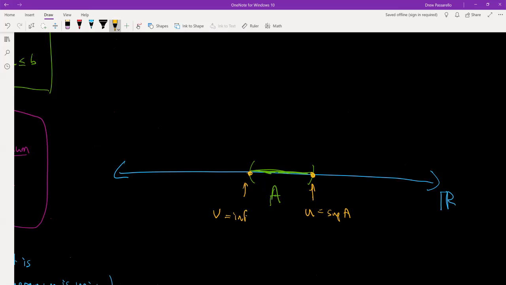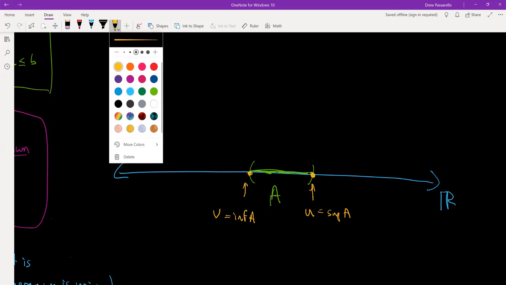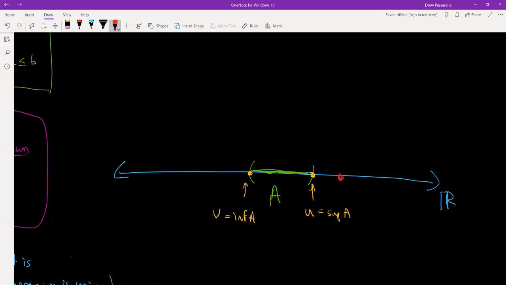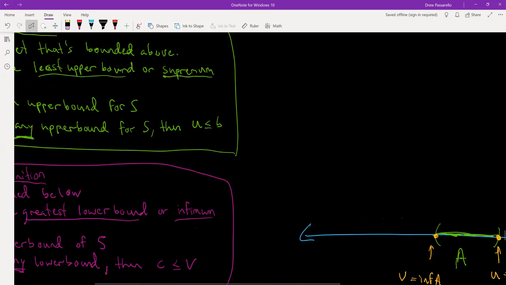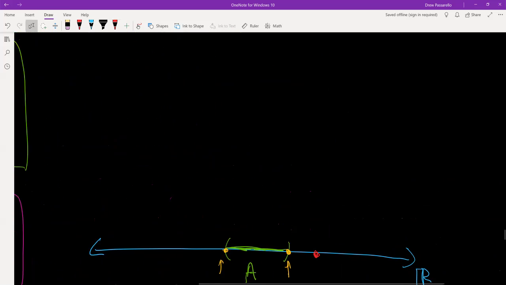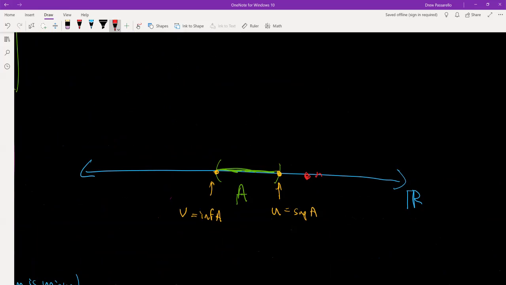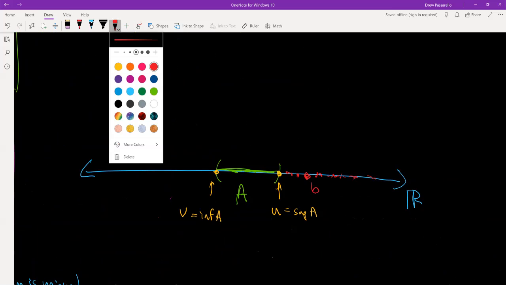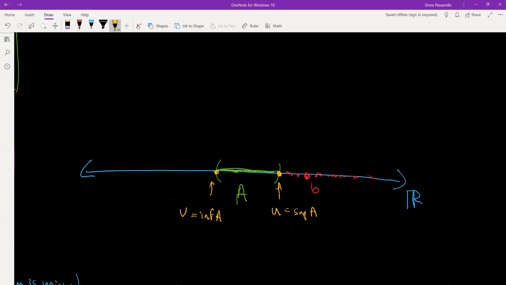I use inf of A for infimum. Now, based on our definitions, let's take a look at the first one for supremum. U is an upper bound for A, and if B is any upper bound, U is less than or equal to B. So any of these values are values B. U is an upper bound of A, and U is also less than or equal to all the other upper bounds of A.